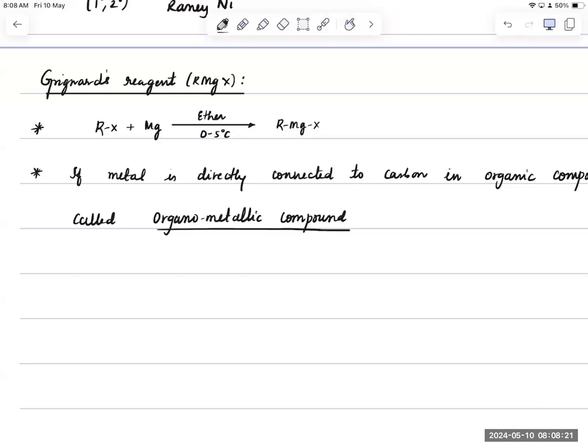Therefore, Grignard's reagent is one of the organometallic compounds. Correct?